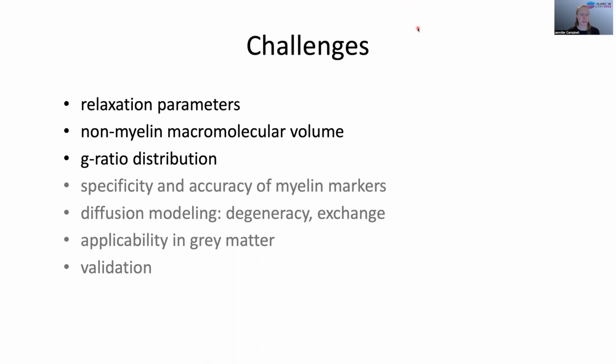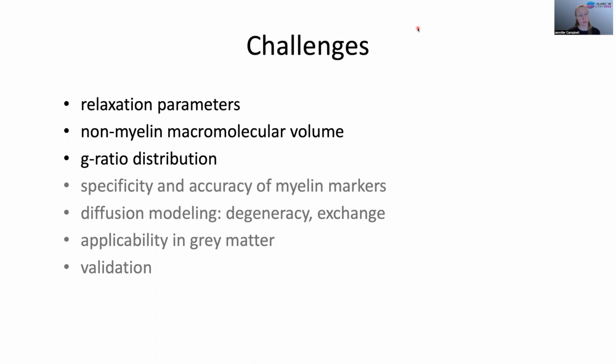It would be nice to estimate a G-ratio distribution as opposed to a voxel aggregate. We haven't talked a lot about specificity and accuracy of myelin markers, but Siawish Mohammadi will talk more about that. And I didn't get to talk a lot about remaining challenges in diffusion modeling that are ongoing work in the field, such as dealing with degeneracy of output parameters and exchange.